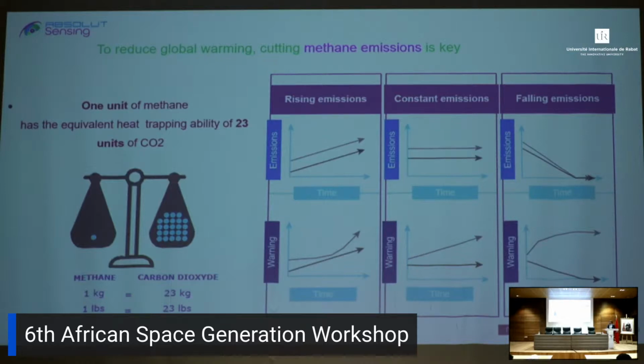So that's the scenario on the right hand side. What will happen in terms of global warming is that CO2 will stay in the atmosphere for much longer than methane, and so the CO2 contribution to global warming will not see the benefit of that for centuries.